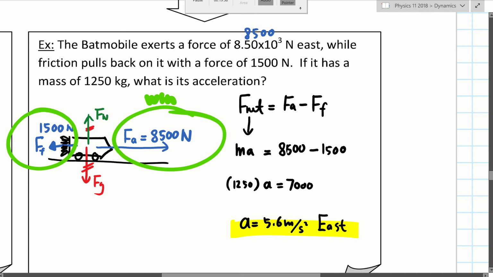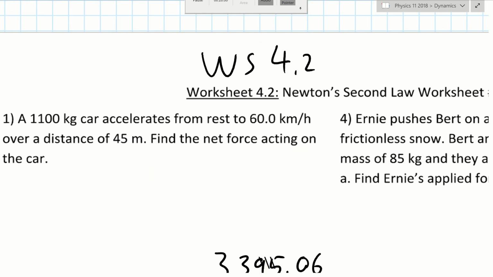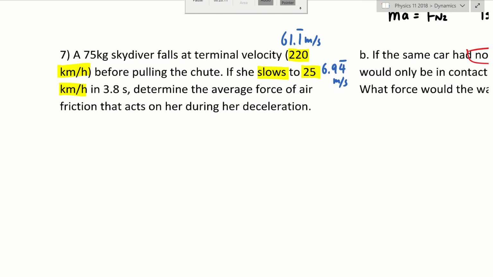Okay, so now we've done a couple of questions of that type. Now these questions could get harder sometimes though. So we are going to look at worksheet 4.2, the second page, on Newton's second law.